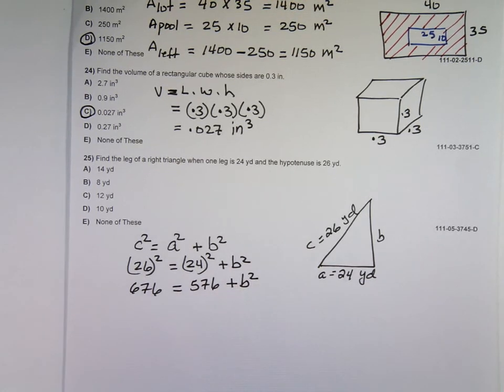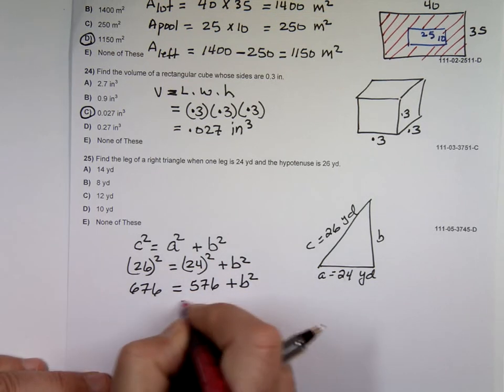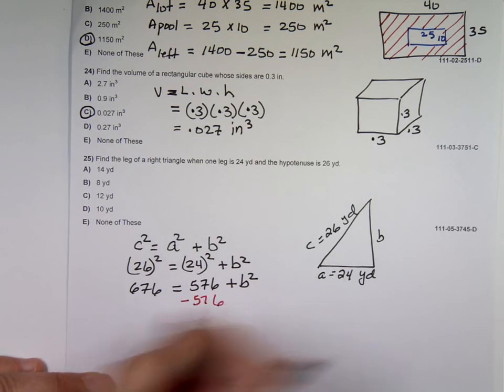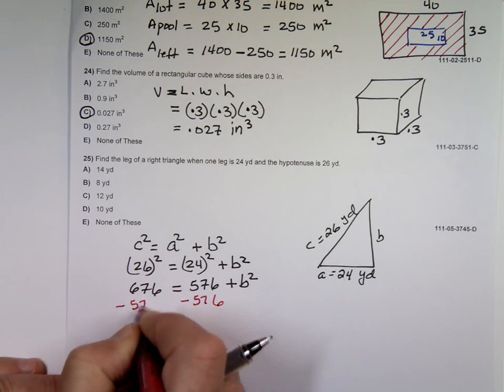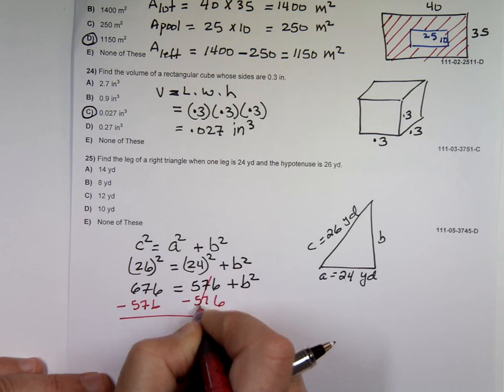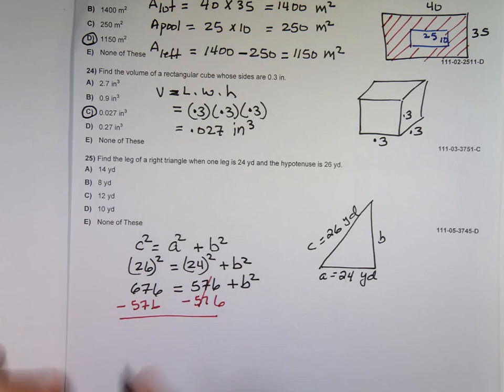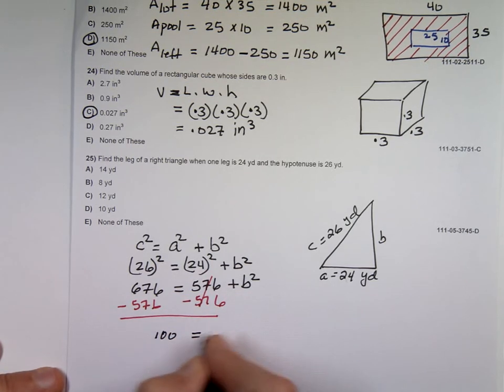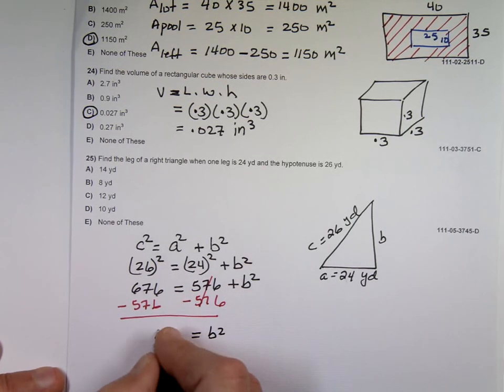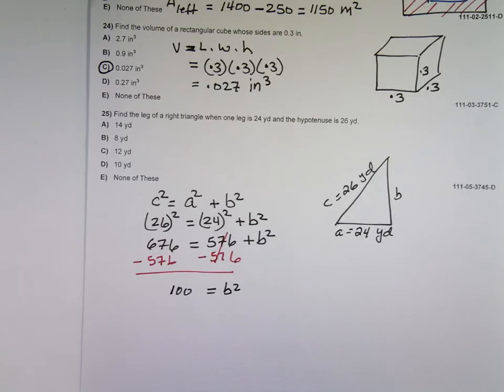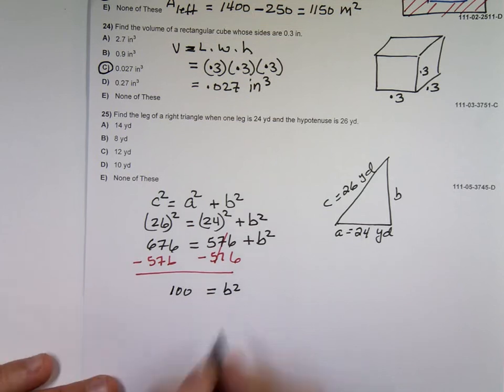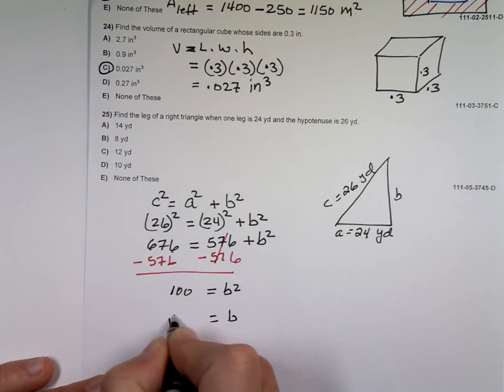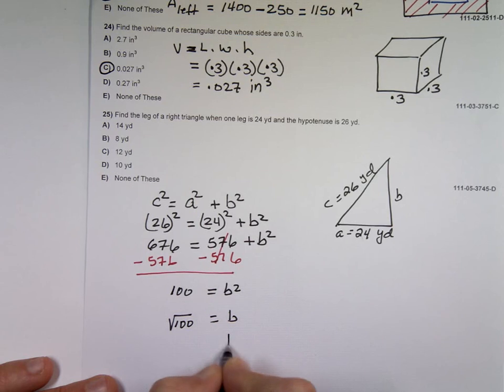Now again, we need to subtract 576 from both sides to isolate the B. 100 equals B squared. What number, if you multiply it by itself, gives 100? Or what positive number? 10. So B is the square root of 100, which is 10. 10 times 10 is 100.